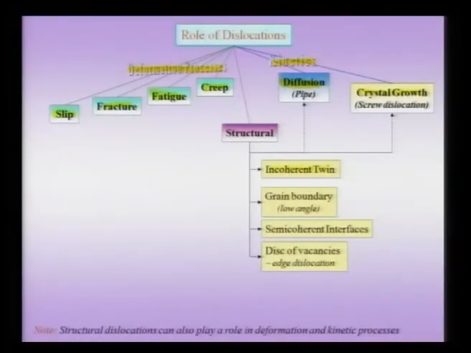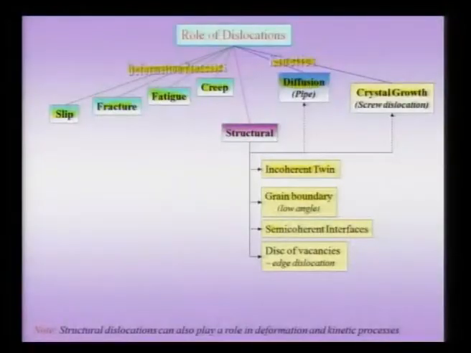For instance, they can play a structural role in incoherent twins and as a low angle grain boundary, and there are two kinds of low angle grain boundaries, as we shall see in the next chapter, which will be on surface defects. There will be the tilt boundary and the twist boundary, and in both these cases it is dislocations which are responsible for that tilt or twist.